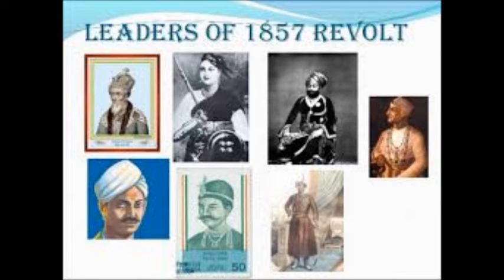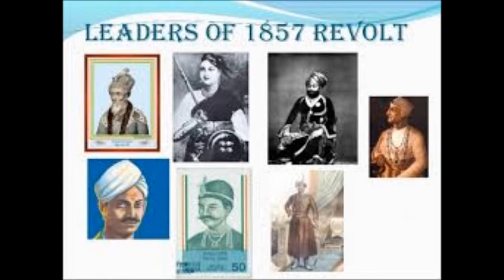But one thing we should remember from both the prelims and the mains perspective is that in this revolt we found a Hindu-Muslim unity factor, which is very important from both the prelims MCQ point of view and the mains answer writing point of view.